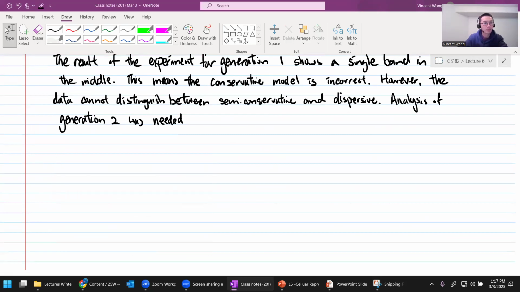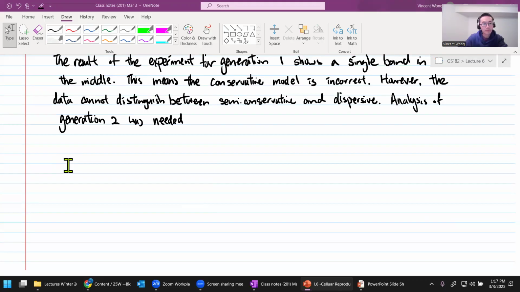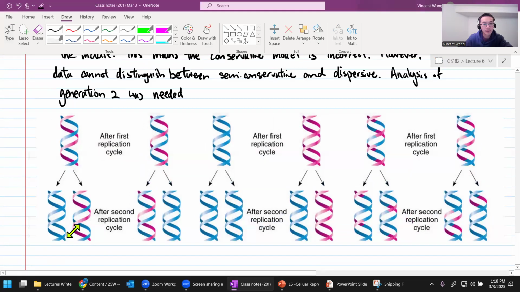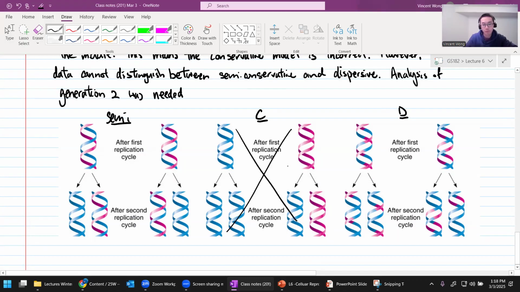Let me copy a little bit more. Now this is in the notes, so you don't really have to draw it. So remember, this is semi-conservative. I'm just going to put semi. This is conservative, and this is dispersive. We already know this is not true. After one generation, we were able to see that it was not true.